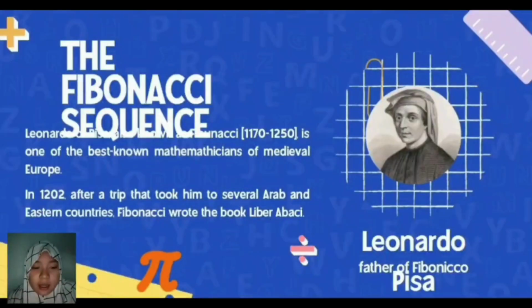It says here, Leonardo of Pisa, also known as Fibonacci, in the years 1170 to 1250, is one of the best-known mathematicians of medieval Europe. In the year 1202, after a trip that took him to several Arab and Eastern countries, Fibonacci wrote the book Liber Abaci.